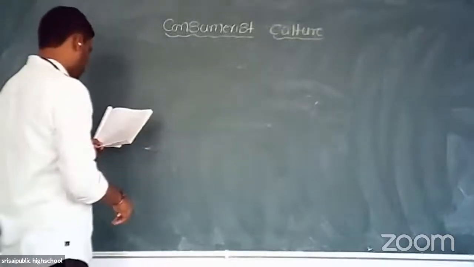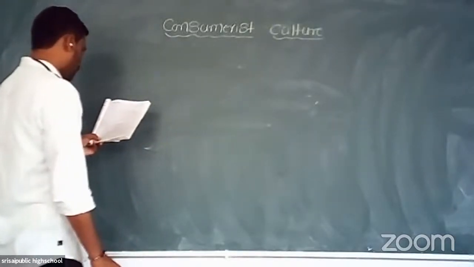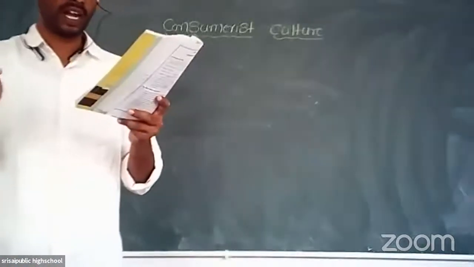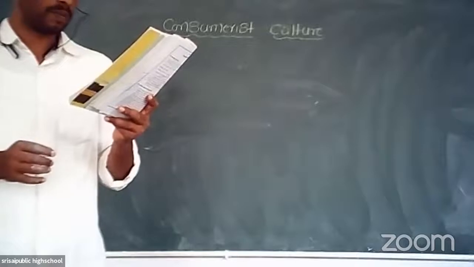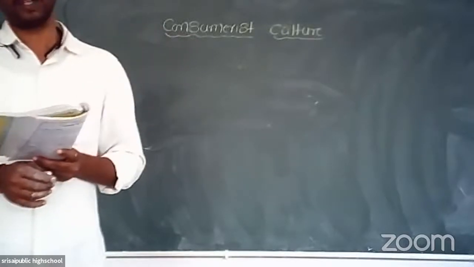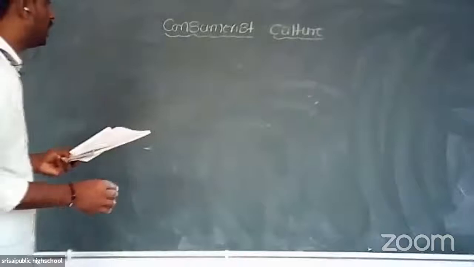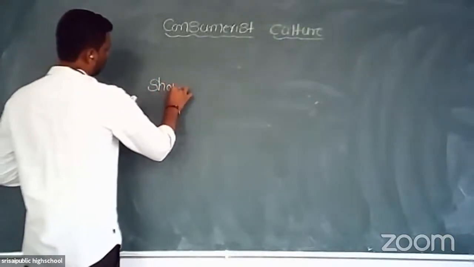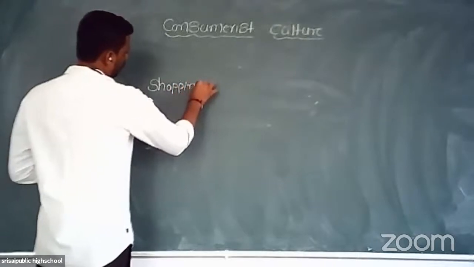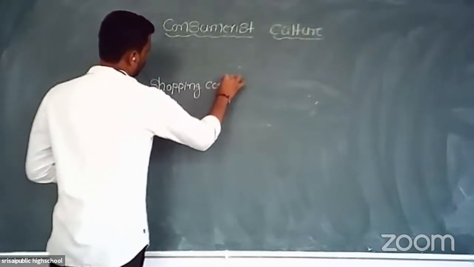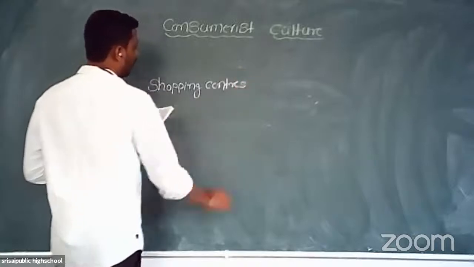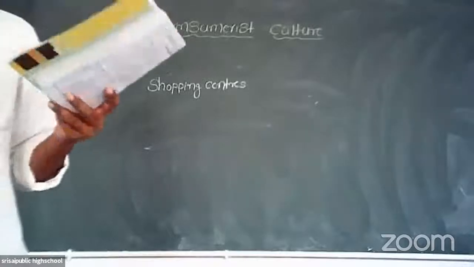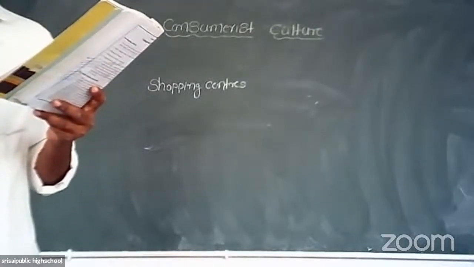Now what happens? Now the trendy and bright shopping centers overflowing with all kinds of goods and baubles have sprouted up all over the country. So shopping centers were opened, having every type of goods, and they were decorated with lights.